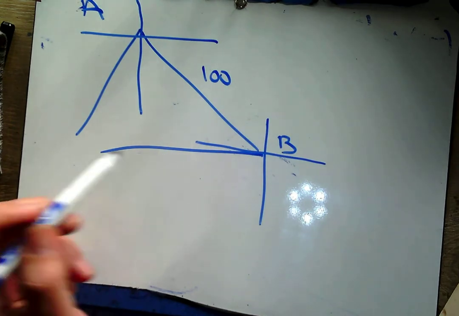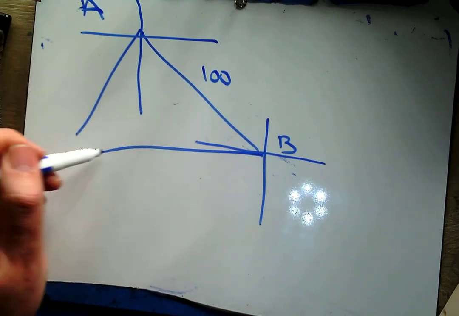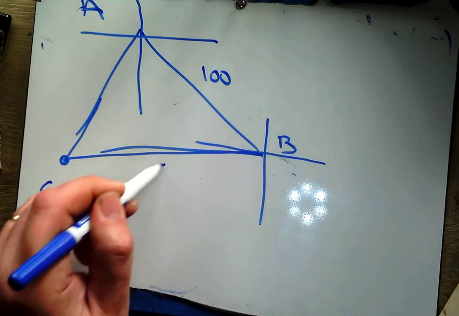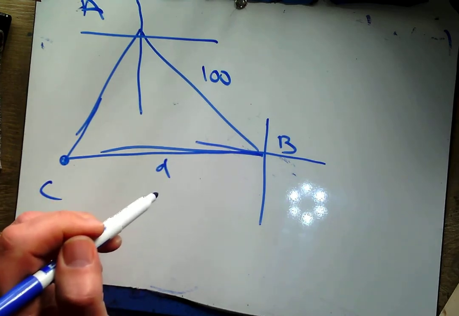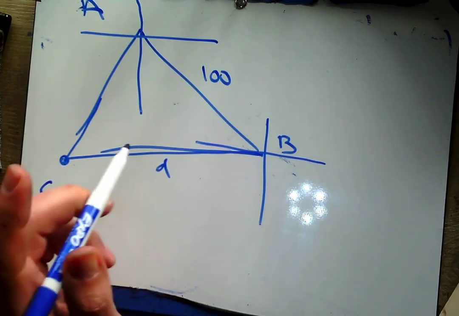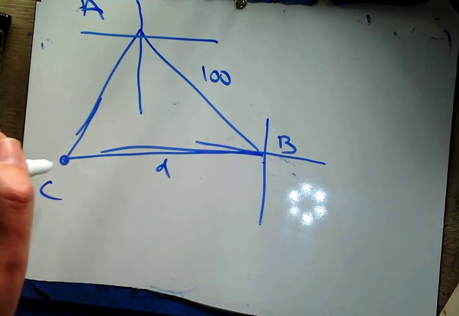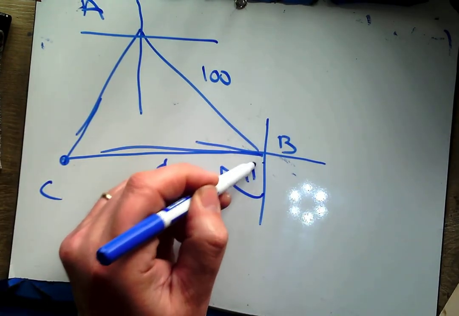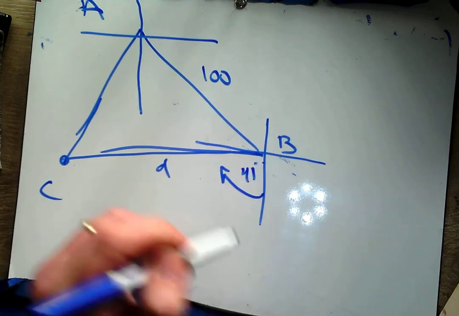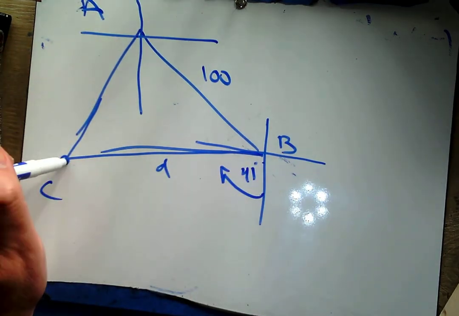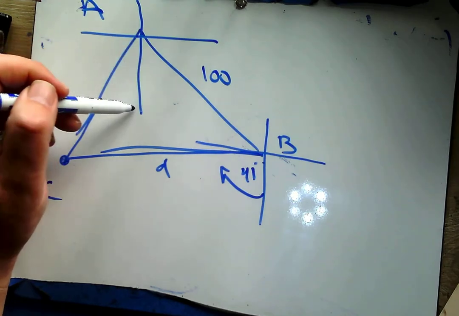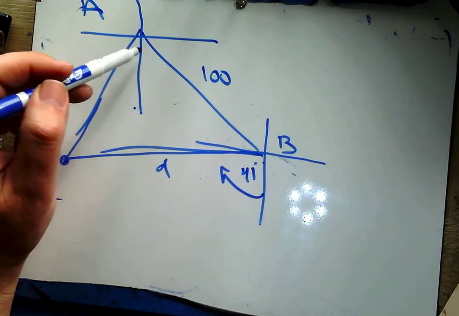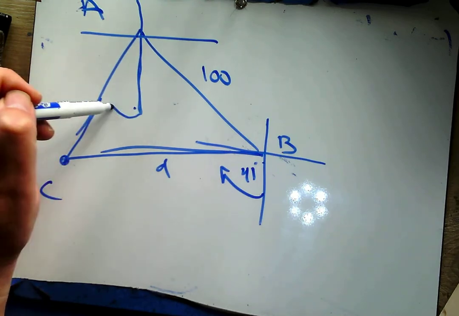Find the distance from town B to town C. I want to know that distance. If the bearing from B to C is south 41 west, and the bearing from A to C is south 28 east. Uh-oh. This would be south 28 west.